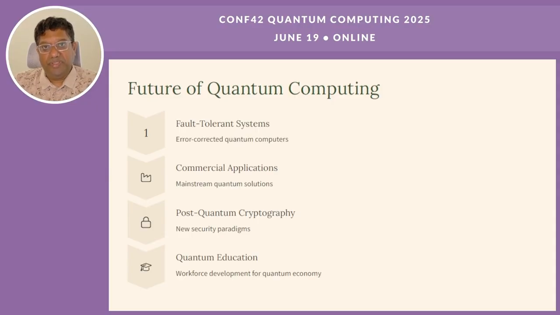We should also see more quantum education coming up, like workforce development for the quantum economy. In the end, we want to see a quantum computer as small as our personal computer, economically affordable, with fewer errors, and feasible for all quantum computing applications.